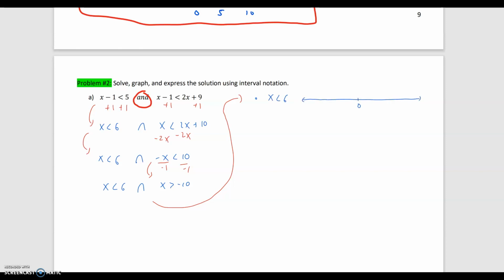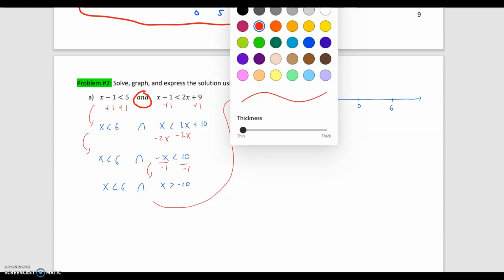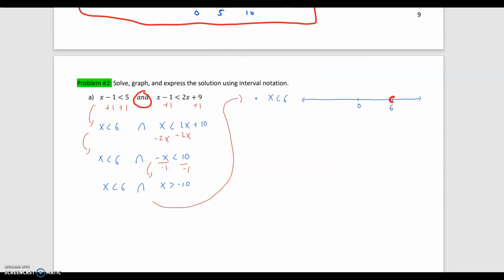So we're looking at this is 0. I'm just going to put 6 here as a reference and then its solution. X is less than 6, open circle, and every value to the right.